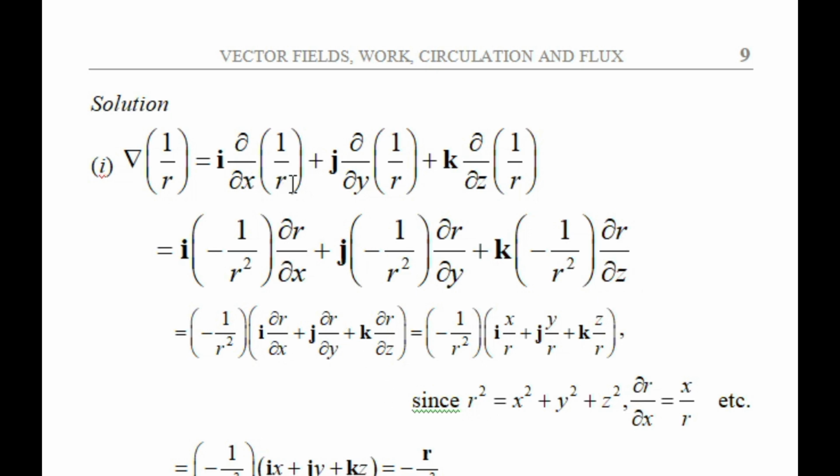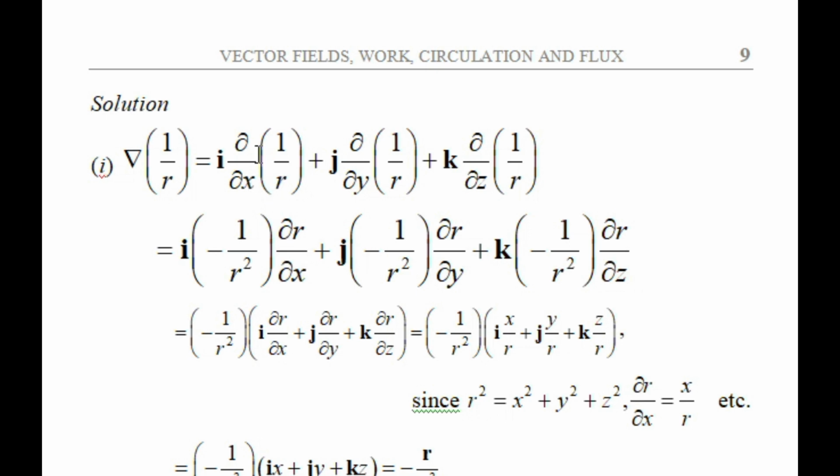If we apply the chain rule, what do we get? ∂/∂x of 1/r is ∂/∂r of 1/r times ∂r/∂x. Now what about ∂/∂r of 1/r?